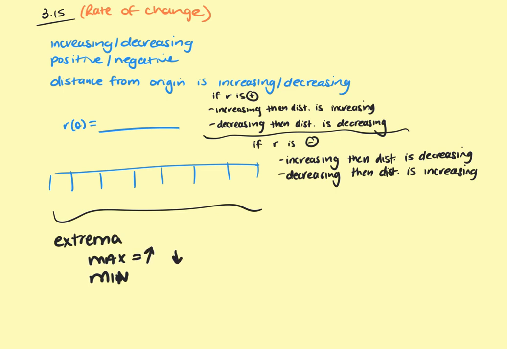If it goes from decreasing to increasing, then there's a minimum value. So if it goes up, comes back down again, max. If it goes down, comes back up again, min. And it could ask you, what is the max or the min? Like, what's the value of the max, in which case you would give the R value? Or it could ask you, where does it happen? And then you're giving the theta value.